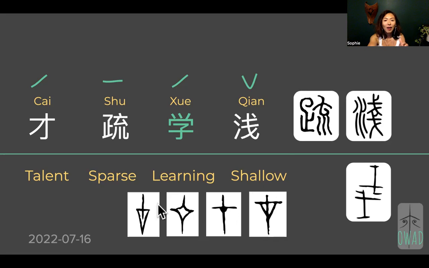But the origins, we just need to know the basics. This probably renders it better. We have a horizontal line, which means the ground, the soil. And then we have a vertical line. This is not a cross. There was no cross concept in the Chinese language formation stage, at least.